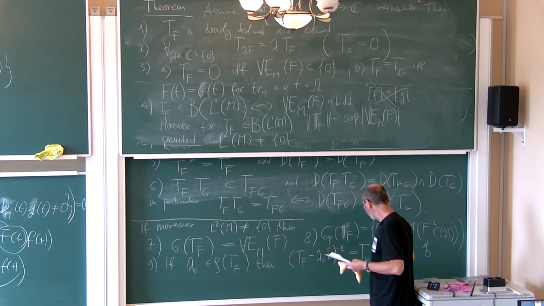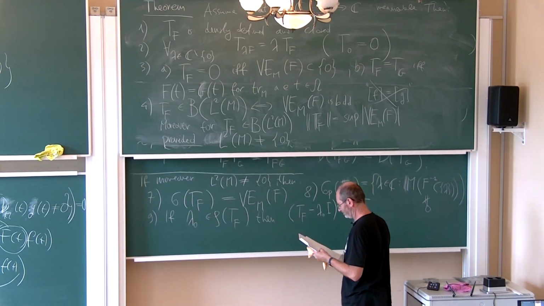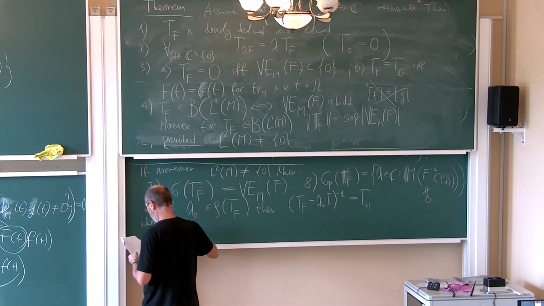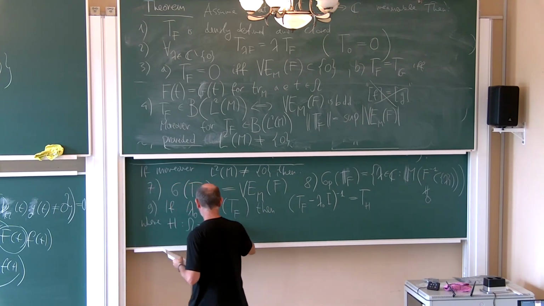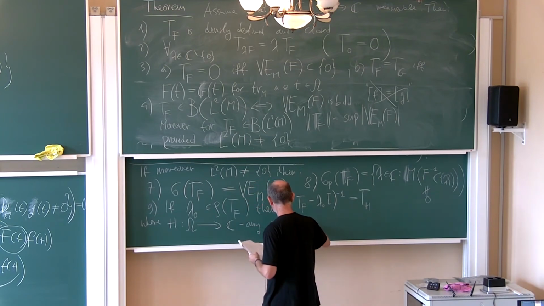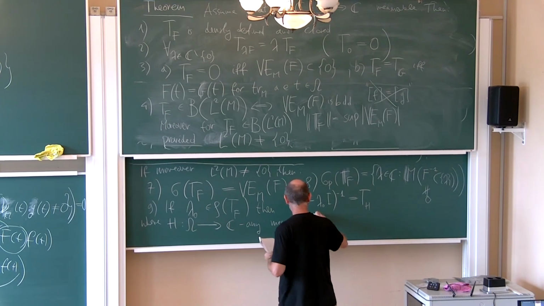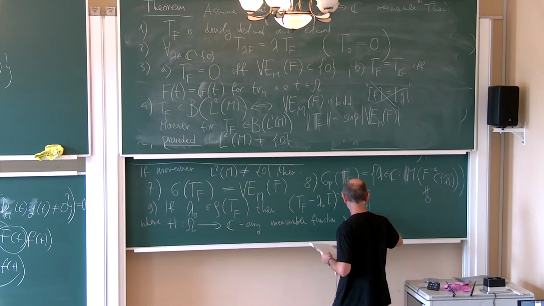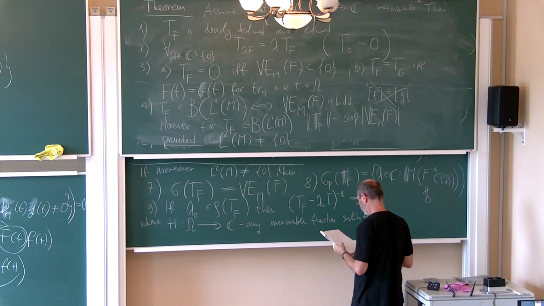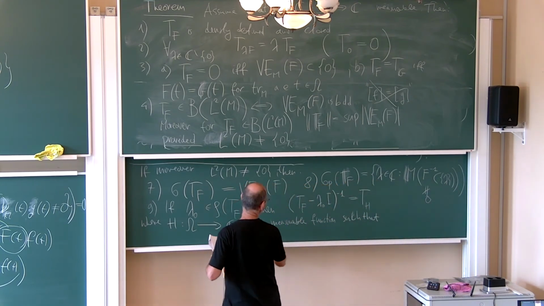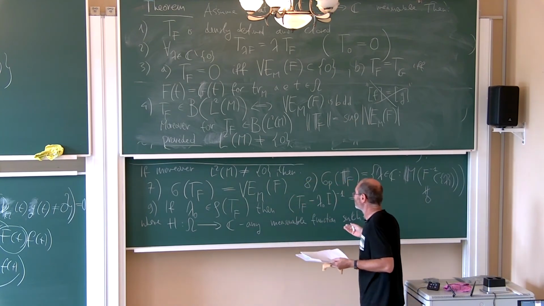where h is a function from omega to C. It's any measurable function such that we can guess what it should be.